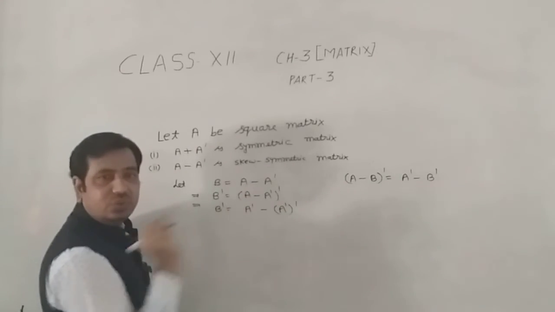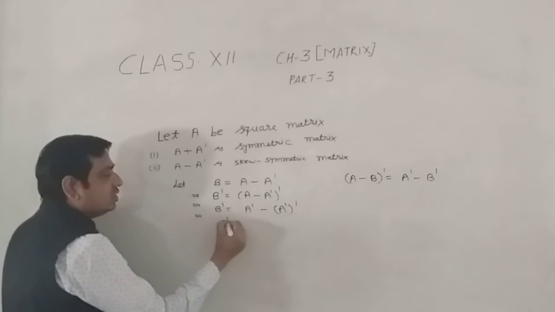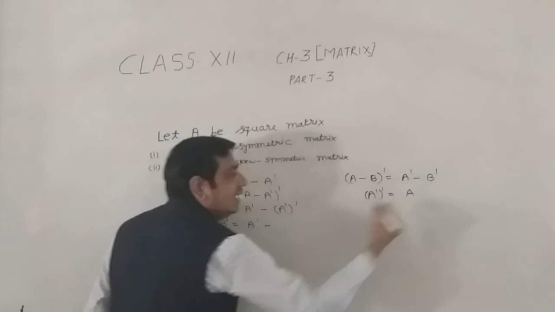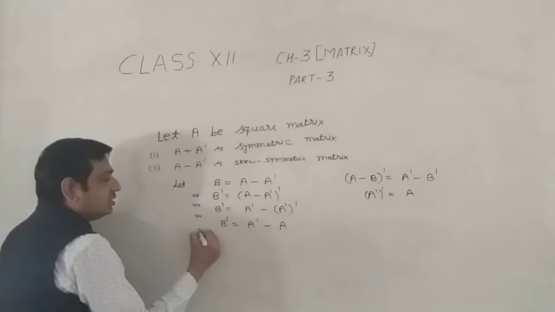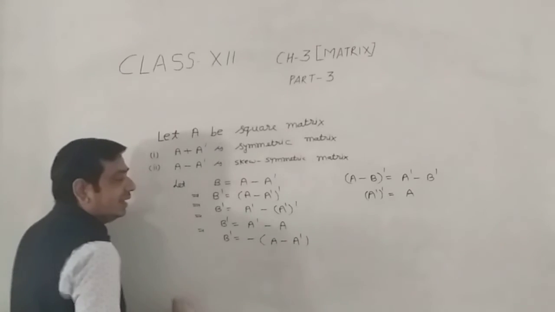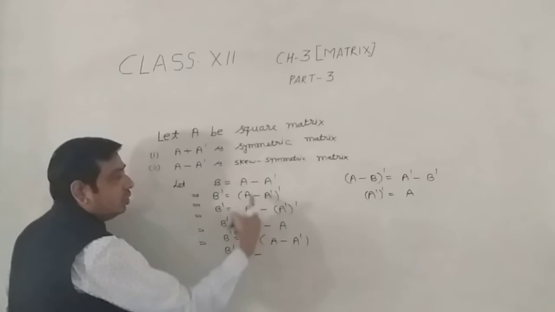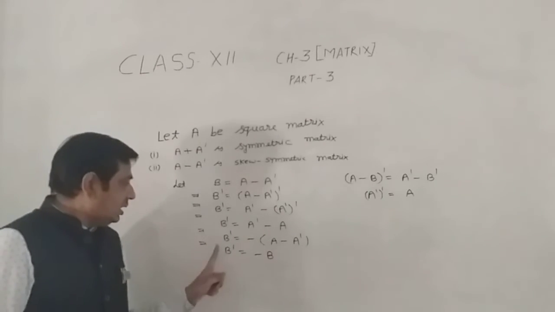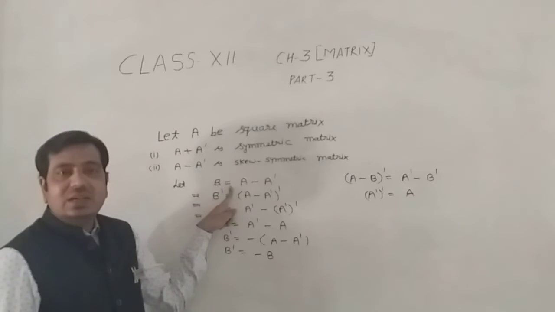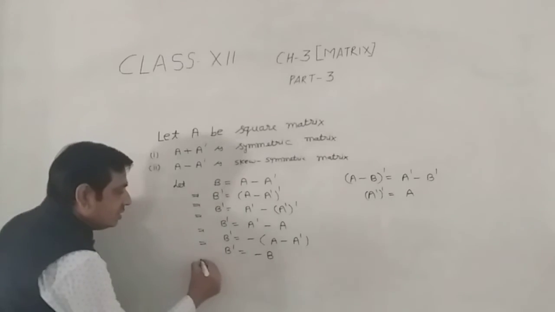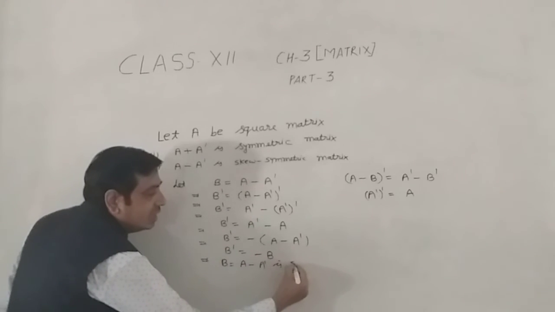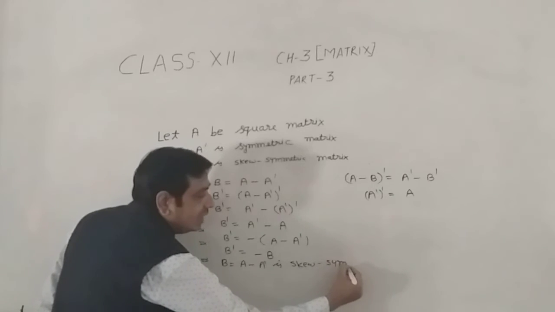According to this property, class, A dash dash is A, as you know, the transpose of the transpose gives A. So this becomes A dash minus A. Now class, if you take minus common from here, this becomes minus of A minus A dash, and class, it is equal to minus B. So you take the transpose and you get minus B. It means the B matrix is skew symmetric in nature. This implies B, what is B? B is A minus A dash, which is a skew symmetric matrix.